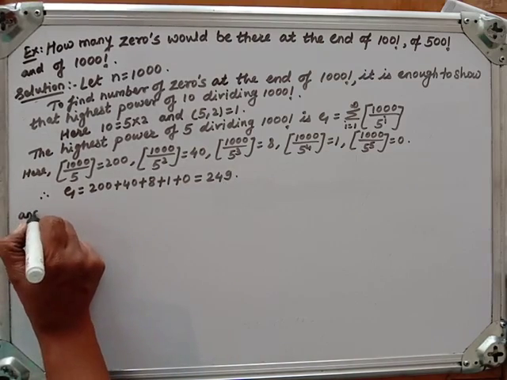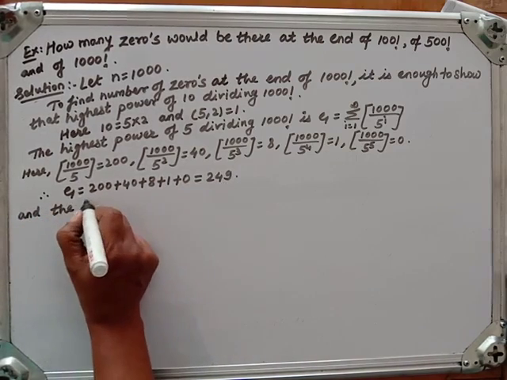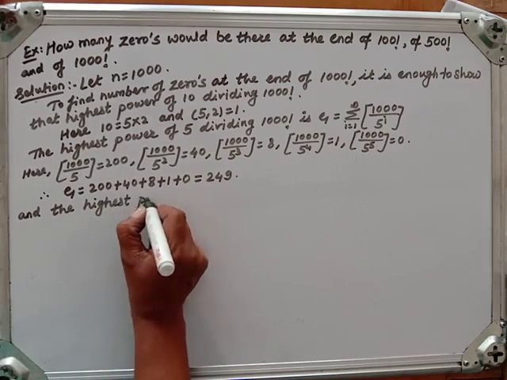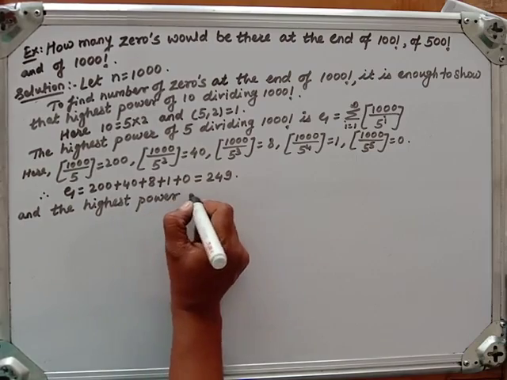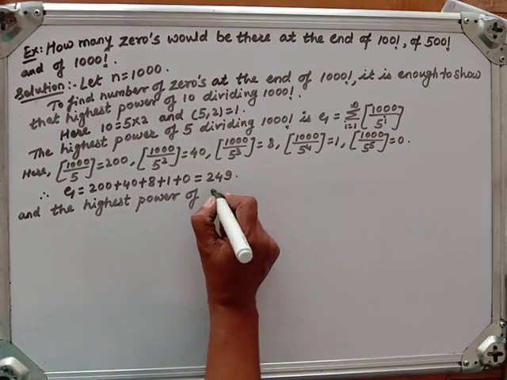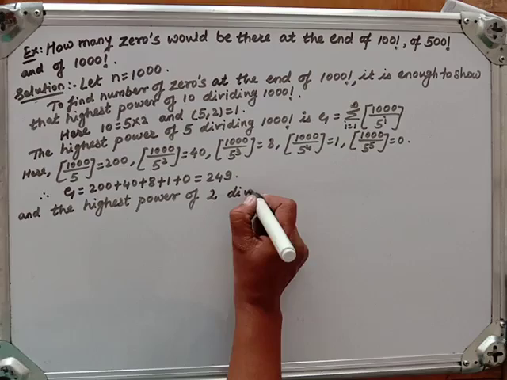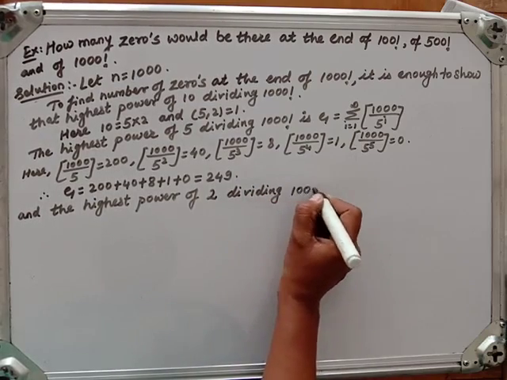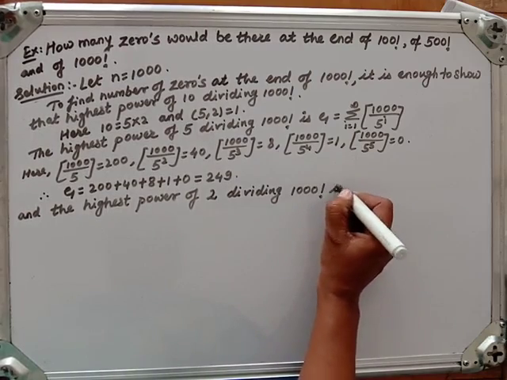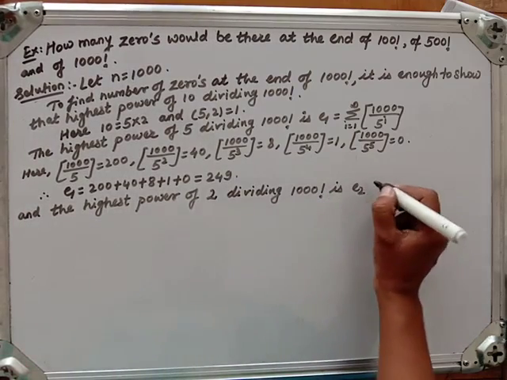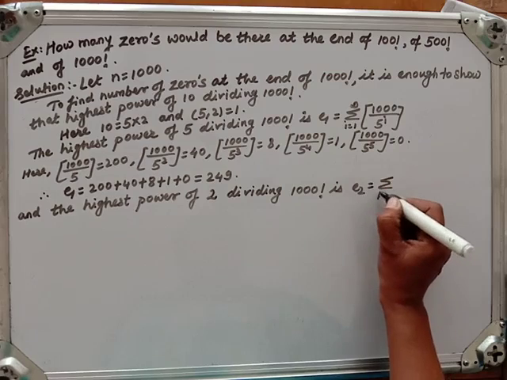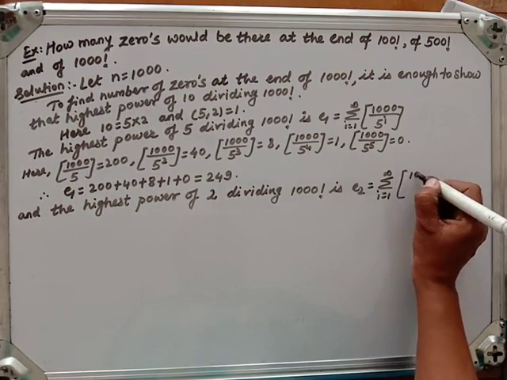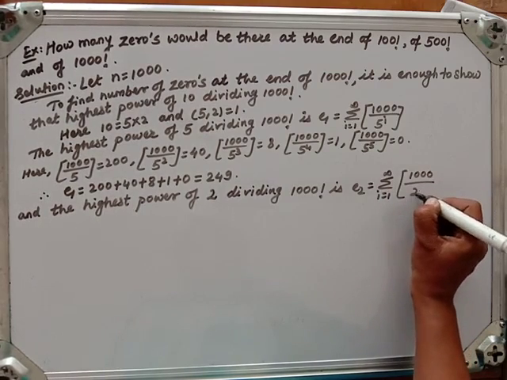And the highest power of 2 dividing 1000 factorial is E2, that is summation i from 1 to infinity 1000 upon 2 raised to i.